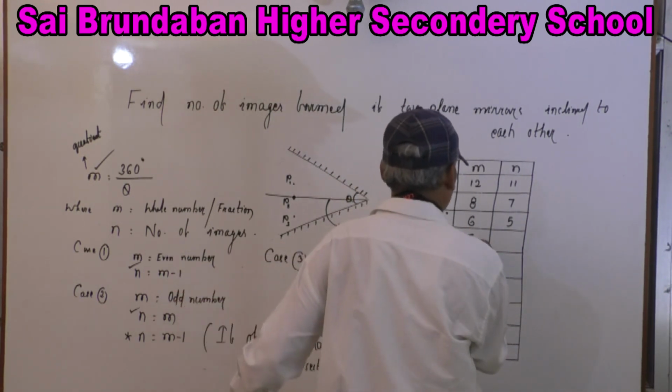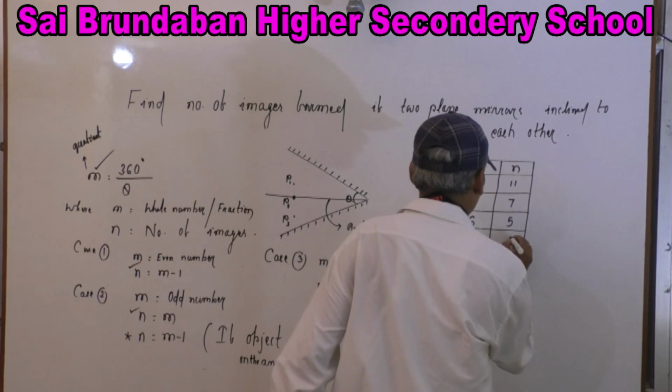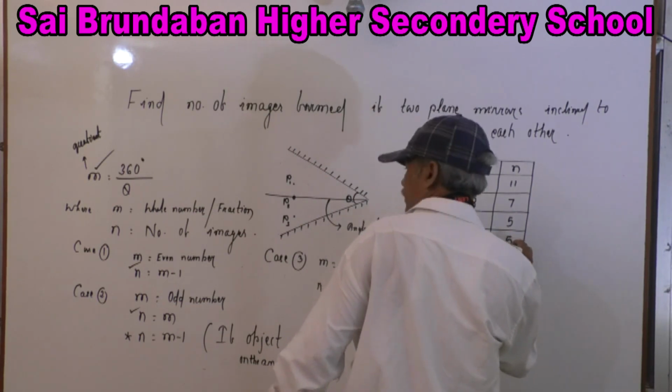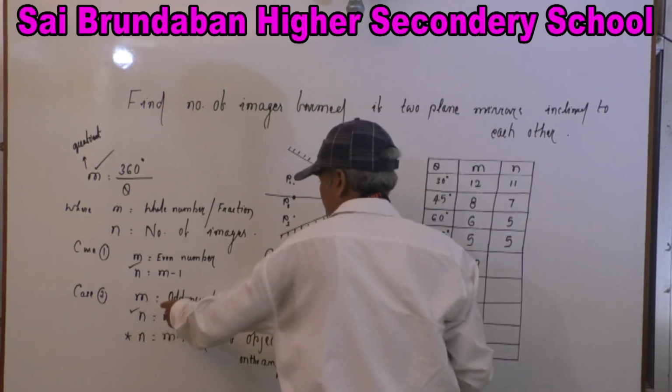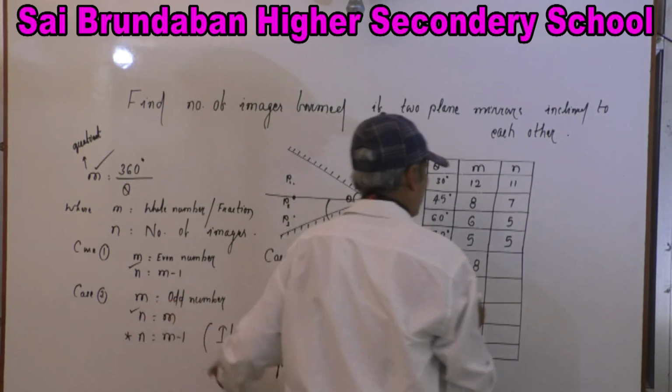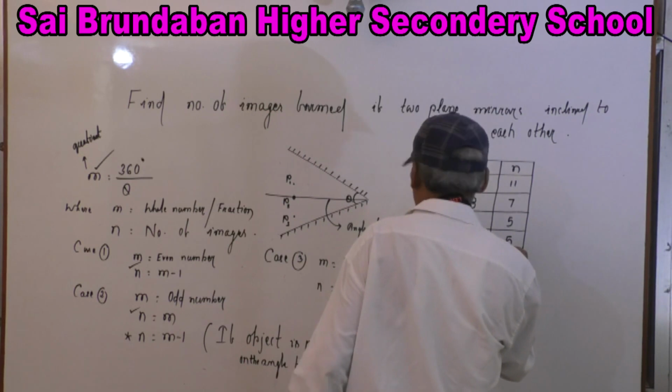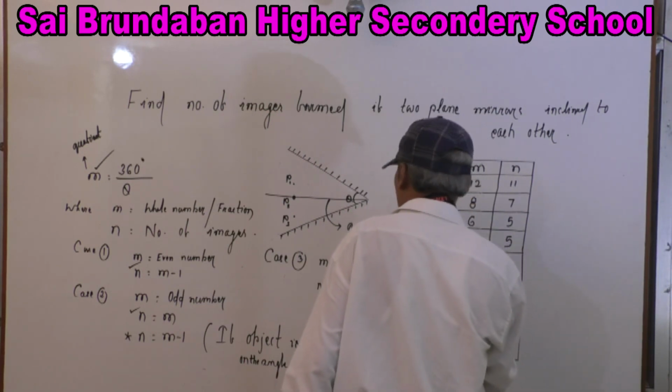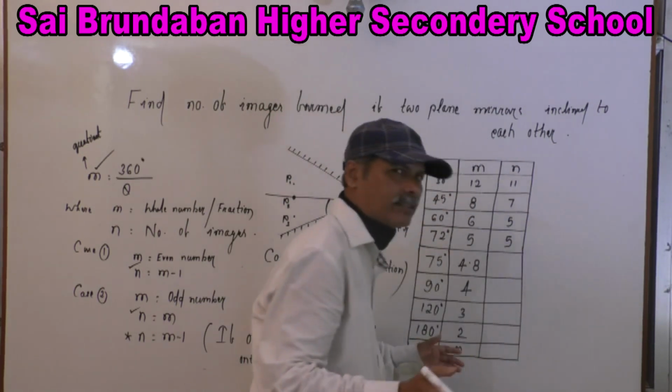But it is an odd number, so it remains the same. In case the quotient is an odd number, N is equal to M. So it is 5, it is also 5.